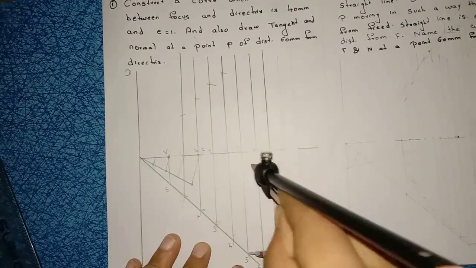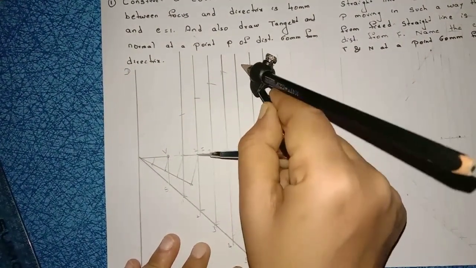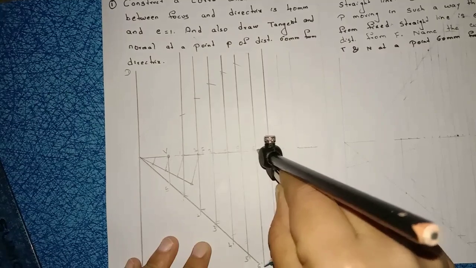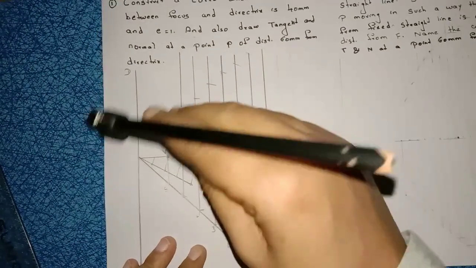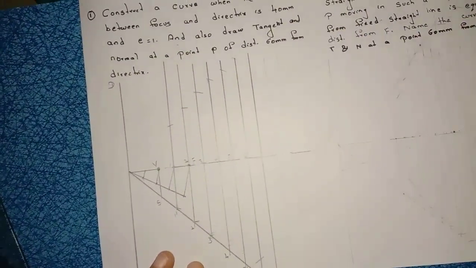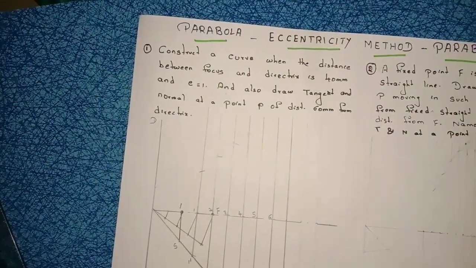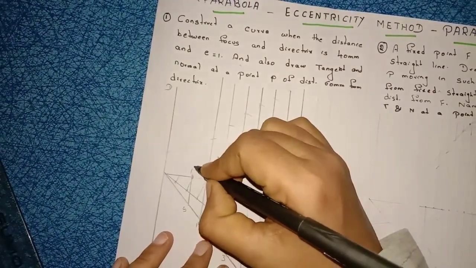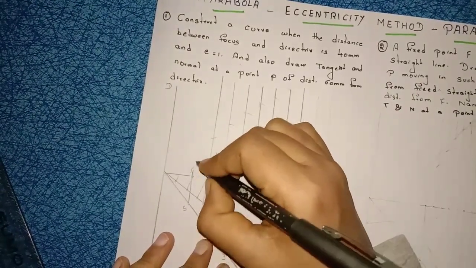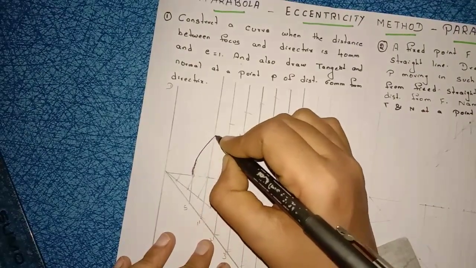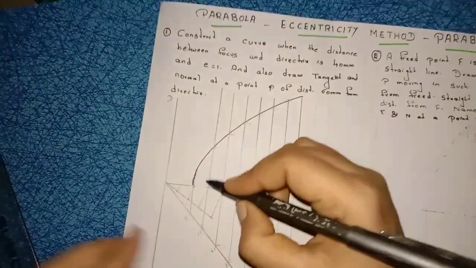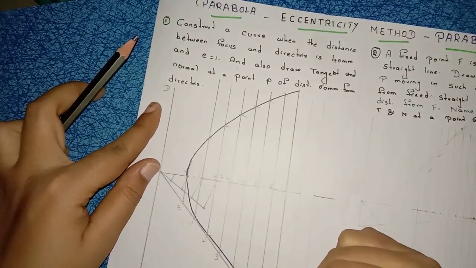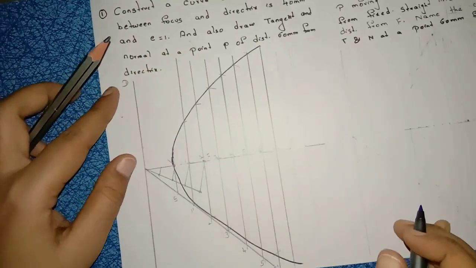Then next 5 5 dash as radius, F as center, draw the arc above and below. Then next 6 6 dash as radius, F as center, draw the arc above and below. Similarly 7 7 dash, 8 8 dash also. Now if you join all these arcs, you will get the shape of the parabola.